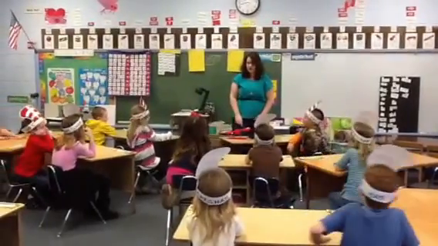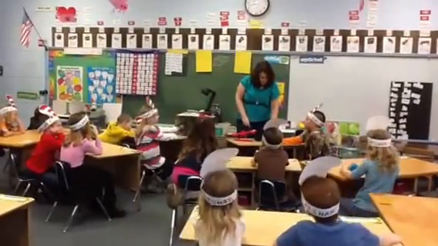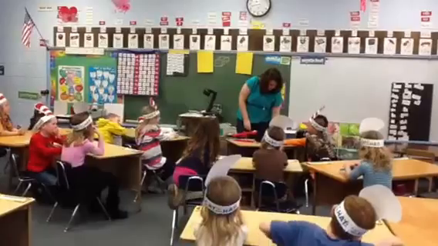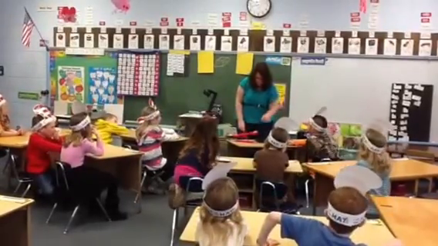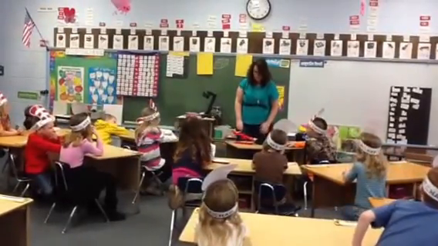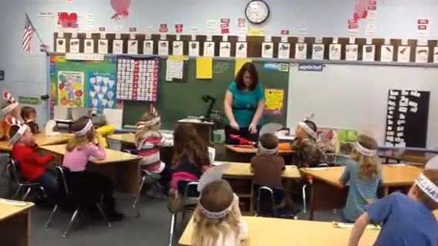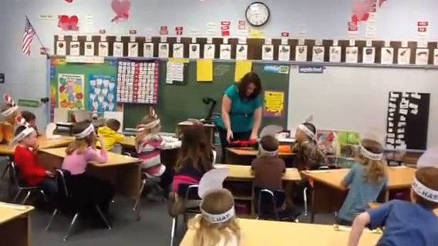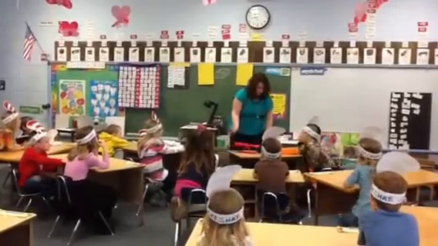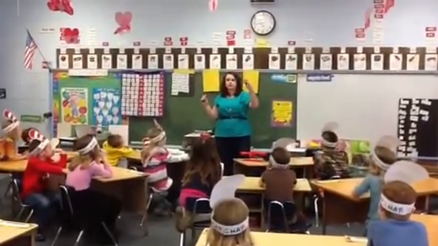Which one's heavier? Okay, so let's try to equal it out. I'm going to put another skinny crayon. Now which one's heavier? The skinny ones. Okay, what if I did the 3 fat crayons and a pair of scissors?